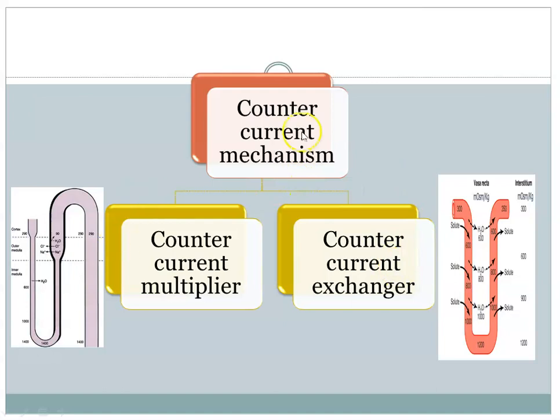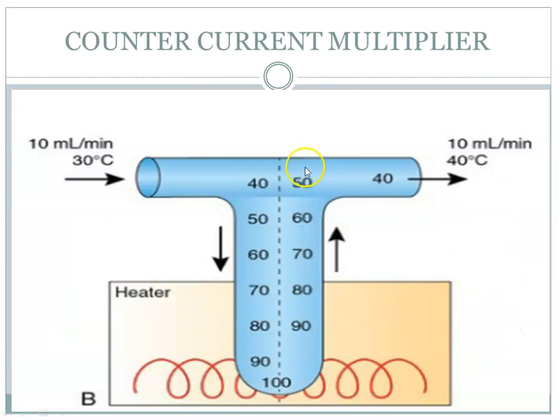The countercurrent mechanism consists of the countercurrent multiplier and the countercurrent exchanger. Countercurrent multiplier takes place in the loop of Henle and countercurrent exchanger takes place in the vasa recta. See this picture, you can easily understand the countercurrent multiplier. This is the tube and the heater is placed at the bottom of the tube.